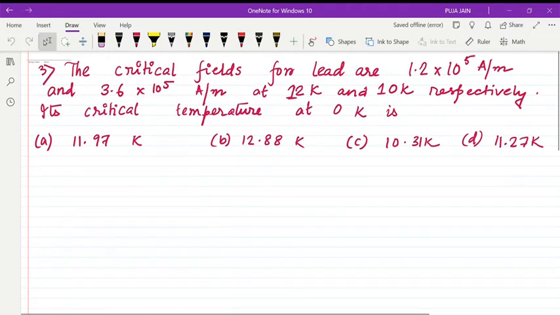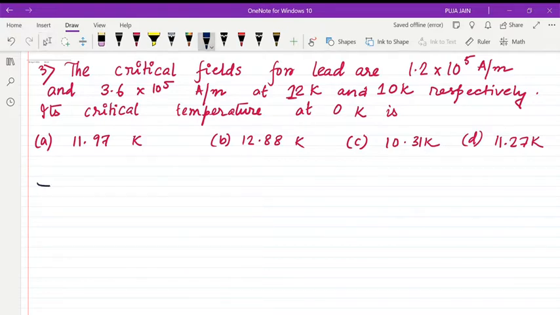Now question number 3. The critical fields for lead are 1.2 into 10 to the power 5 ampere per meter and 3.6 into 10 to the power 5 ampere per meter at 12 Kelvin and 10 Kelvin respectively. You have to find its critical temperature at 0 Kelvin. Fine. So there is a formula for it which you need to know.